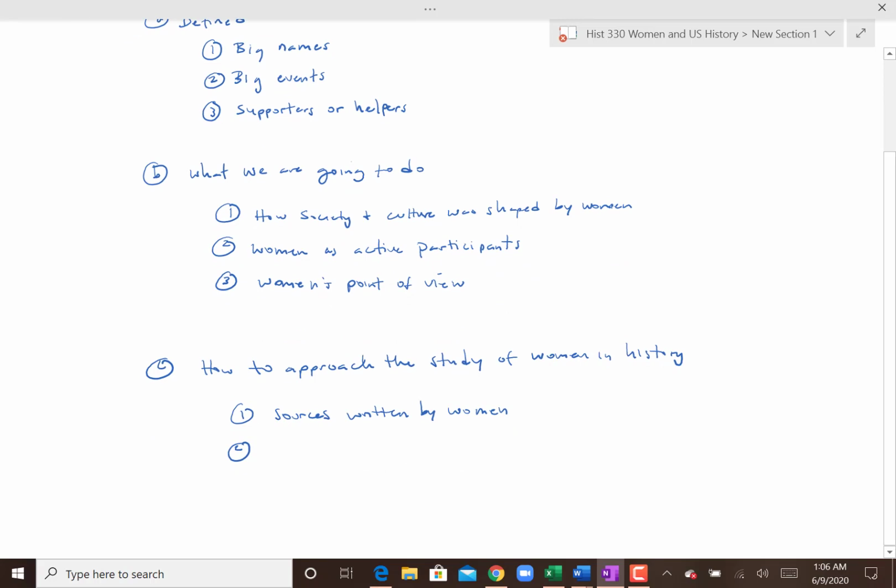And one of the things with this is that there's various reasons why we don't have a lot of sources by women. Obviously, just having documents from a long time ago, only so much of it lasts. So it doesn't mean that women weren't ever writing or recording, but if they weren't significantly key figures, those documents likely were not preserved and maintained and able to be used hundreds, if not thousands of years later, depending on what history you're looking at.